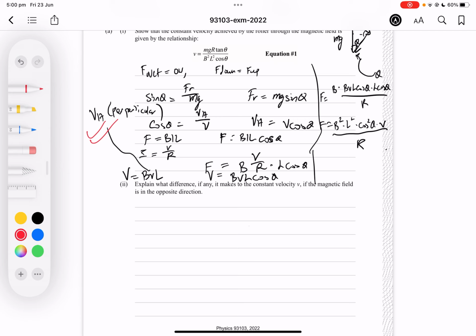And that's assuming that all of the other magnetic field strength stays the same. So if everything stays the same and only the direction changes, then we expect the force to be the exact same. And you can actually reason this by thinking about it this way. If there's a change in the direction of force to be in the same direction as the bar's motion, this means that the bar will be speeding up.